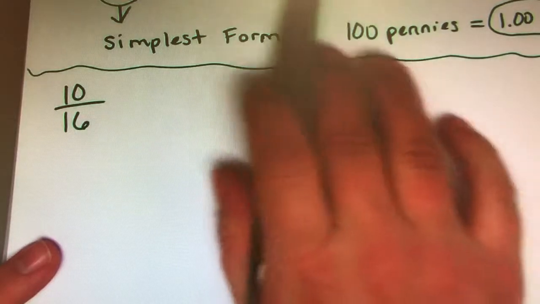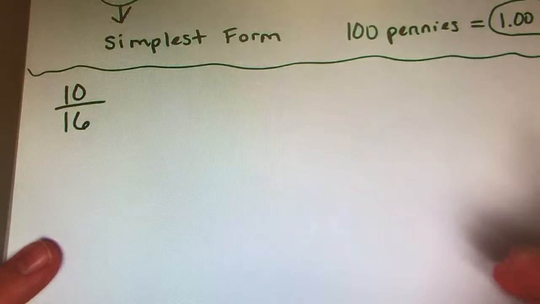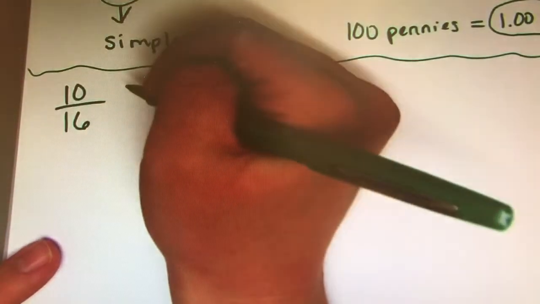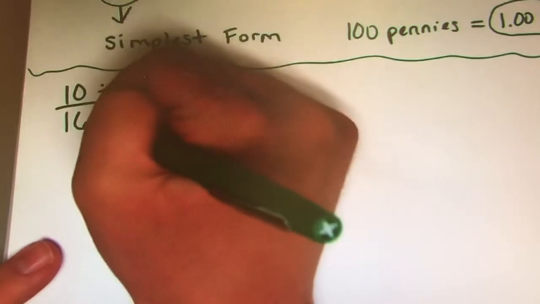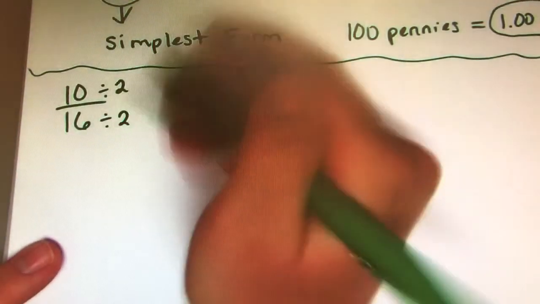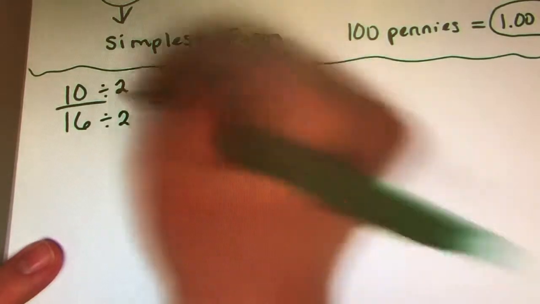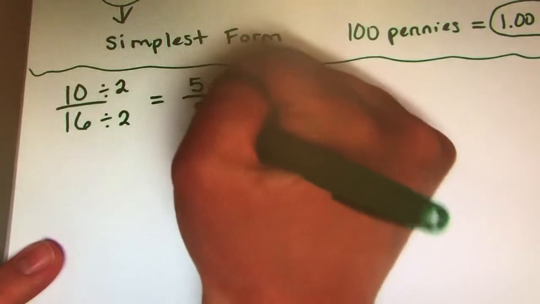So like up here, 4 divided by 2 is 2, 8 divided by 2 is 4. And this is where knowing your factors, like we talked about last week, comes into play. Now there's nothing else they both can be divided by in this case. They both can be divided by 2, and we have to make sure we do the same thing to the numerator and the denominator. 10 divided by 2 is 5, 16 divided by 2 is 8.